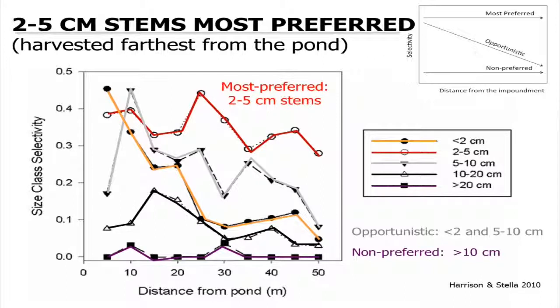And so this really small stuff down here, they harvest a lot of small stuff in yellow close to their dams, and then the further away that you go, they're not going to waste their time with that. Whereas some of these size classes, like the 2 to 5 centimeter and 5 to 10 centimeter, they're willing to go fairly far from that, in this case 50 meters. And we actually see them going as far as, in some cases, up to 120, 130 meters away.